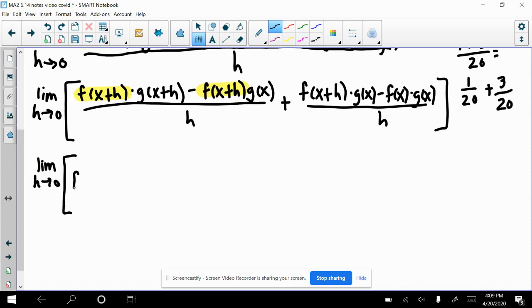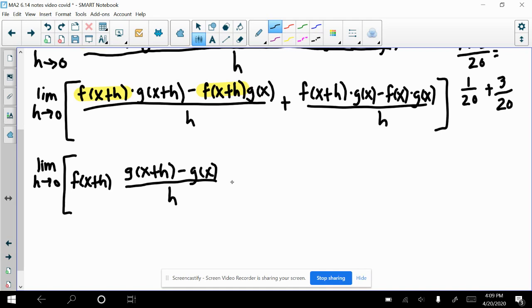Factoring out f of x plus h, then what that's going to leave is g of x plus h minus g of x, over h. Okay, so that's what I have right here.